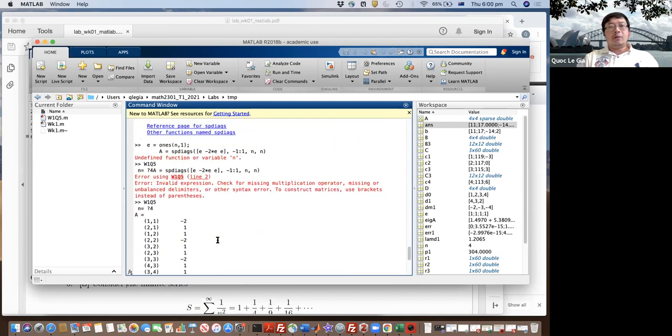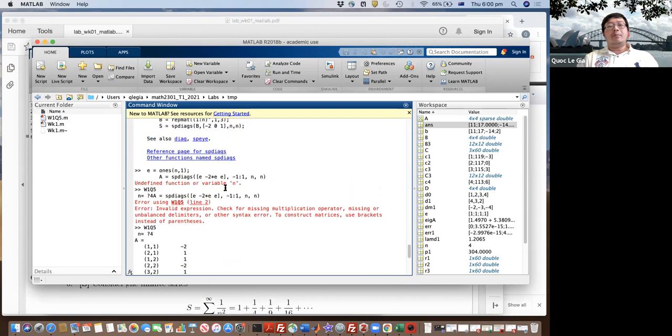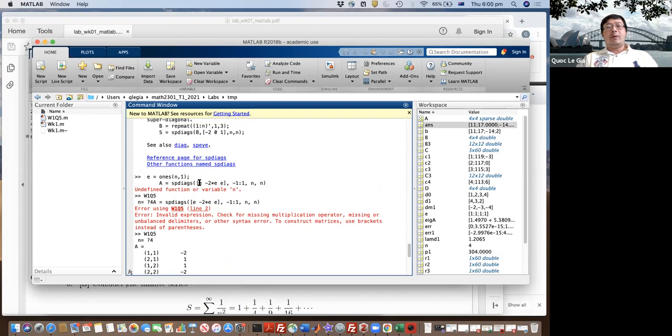Okay, now I remember. In the sparse diagonal, all three vectors have to have the same size. If you look at the example, all of them are the same size. You have E here, -2E, and E here.